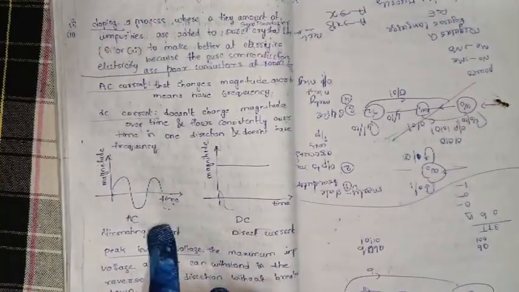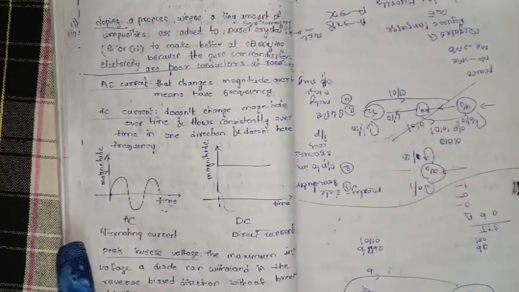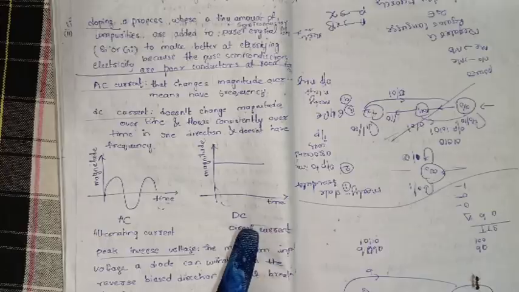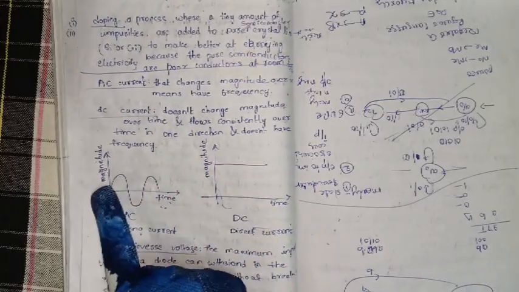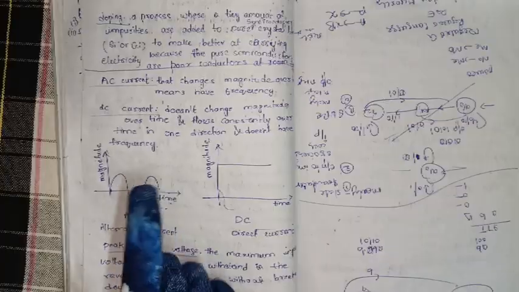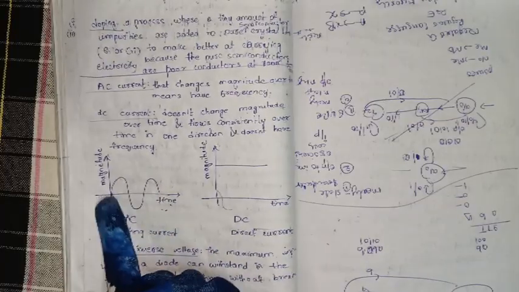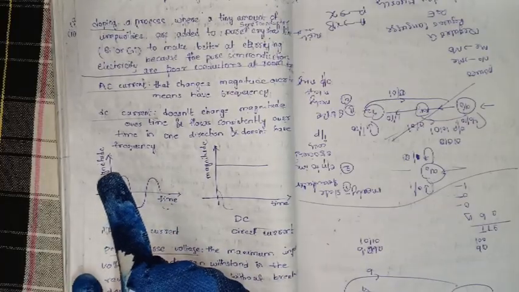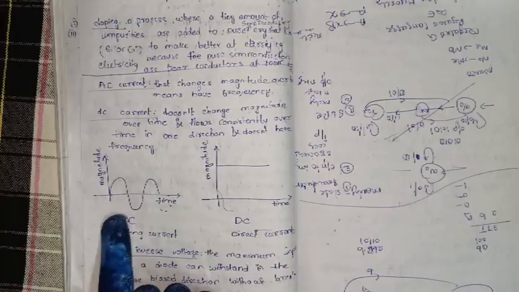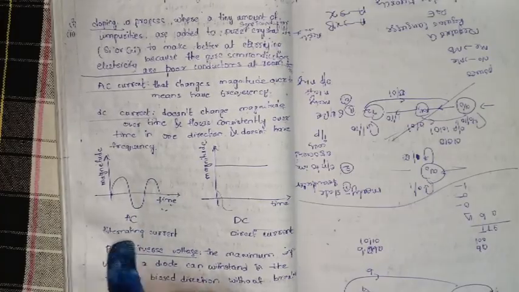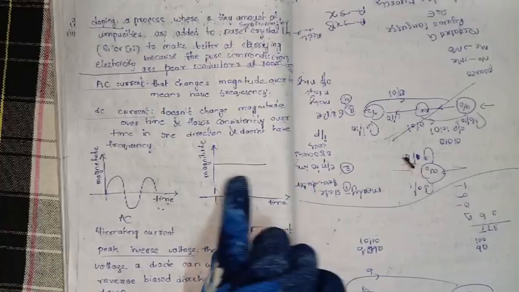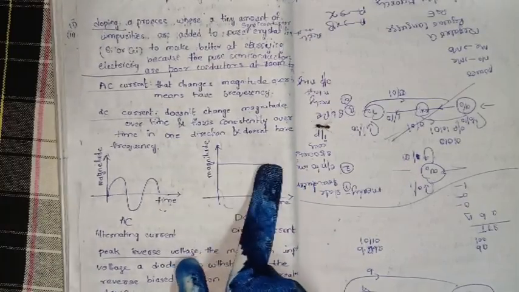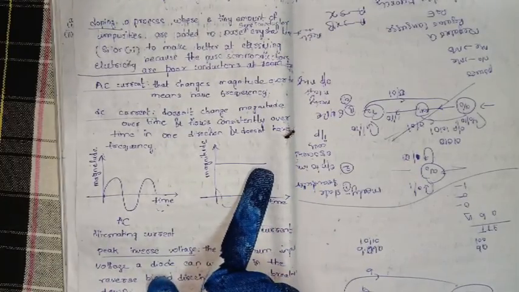Here are the graphs. This is for alternating current and this is for direct current. The graph is between time and magnitude. So the magnitude of AC current changes with time. The magnitude of DC current does not change with time.